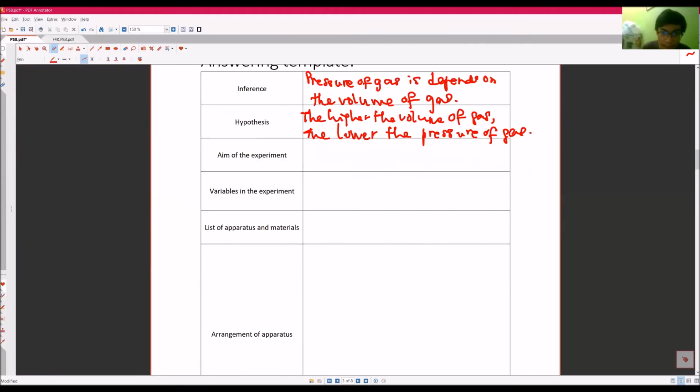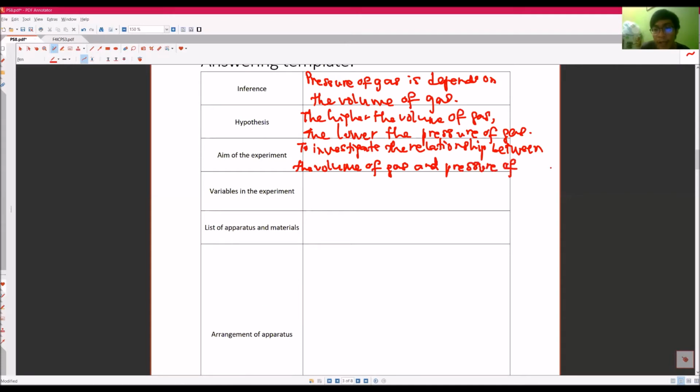So the aim of the experiment: to investigate the relationship between the volume of gas and pressure of gas.